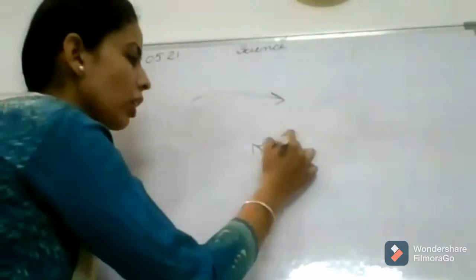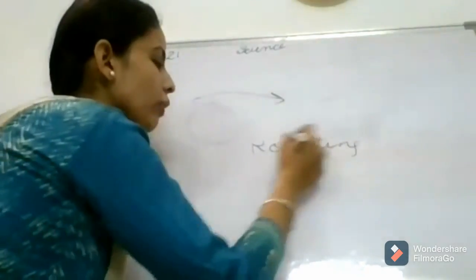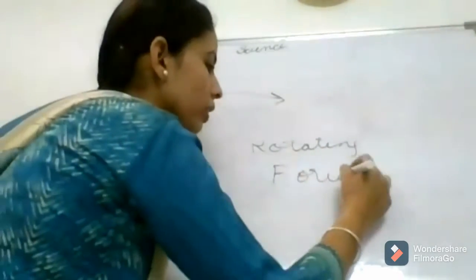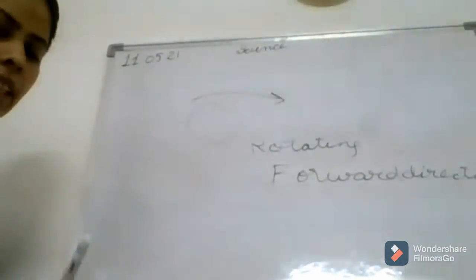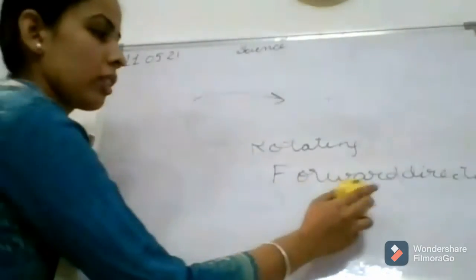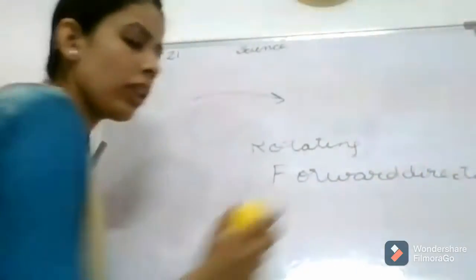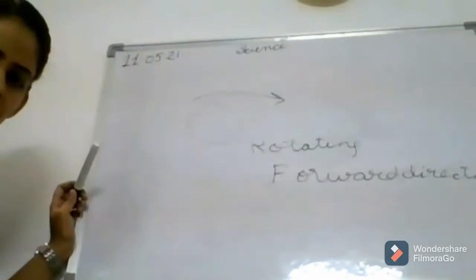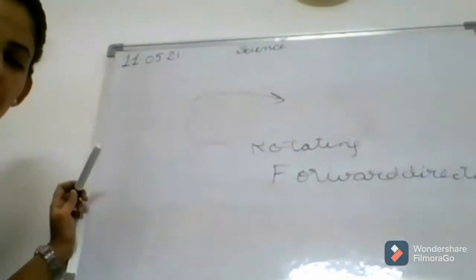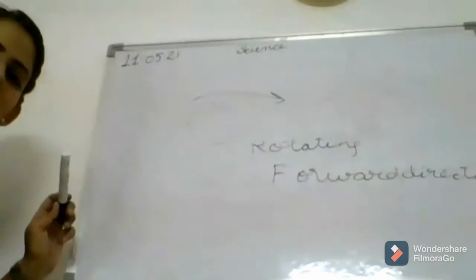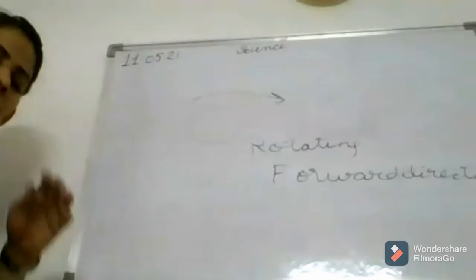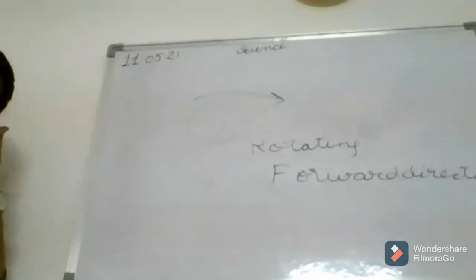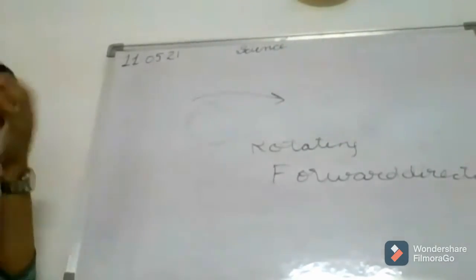It is rotating and it will go in forward direction. Clear? In this way it will go in the forward direction also. So there are two types of motion in a ball. The activities we have done today, you can also do at your home, and it will be more clear to you.